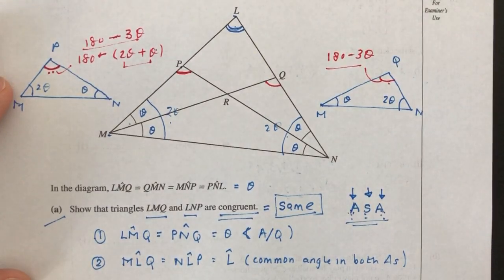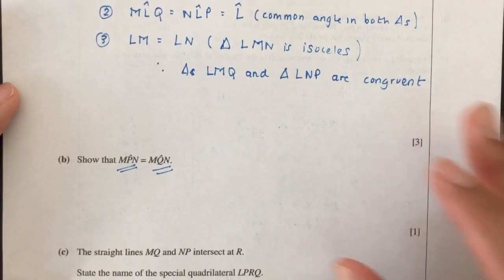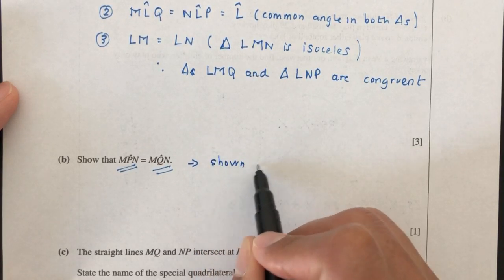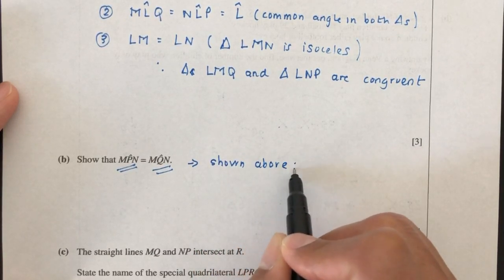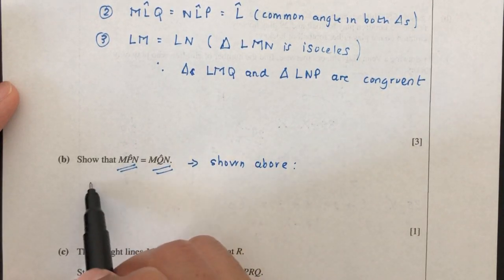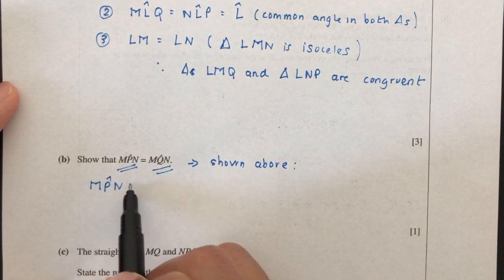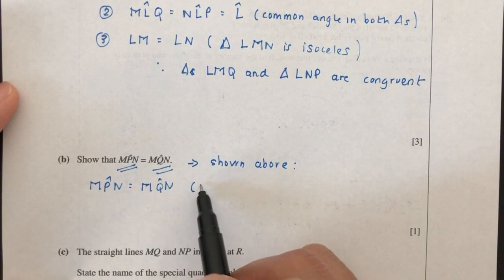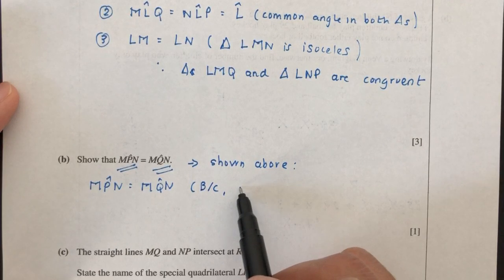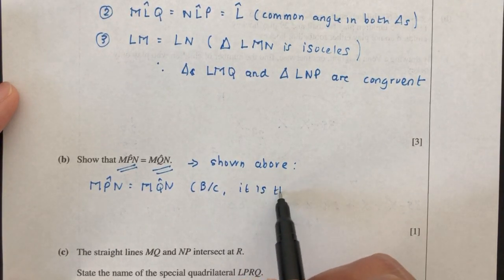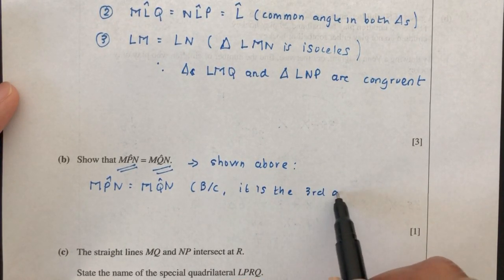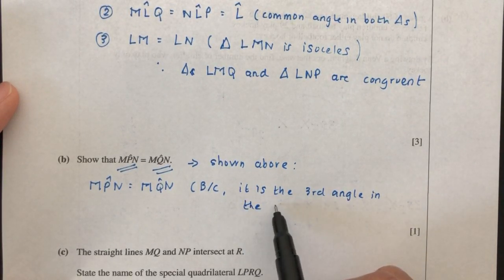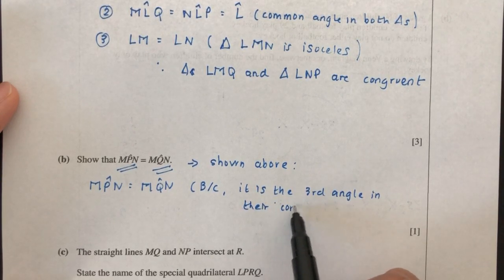So let's just write down that, shown above. You can just point above, or you can prove that by writing down angle N is equal because it is the third angle in the corresponding triangle.